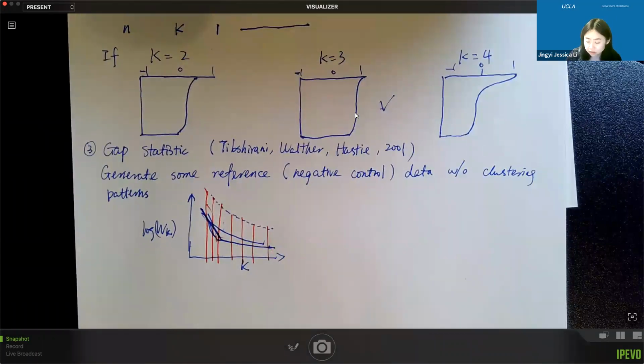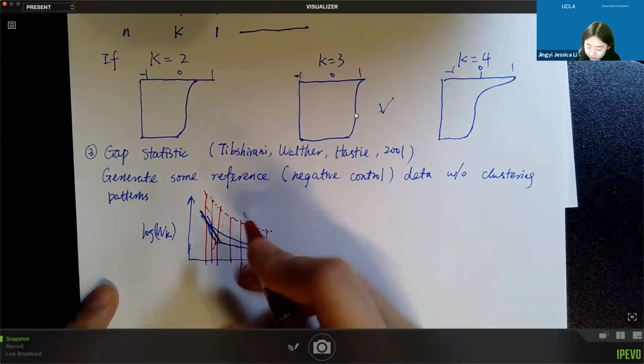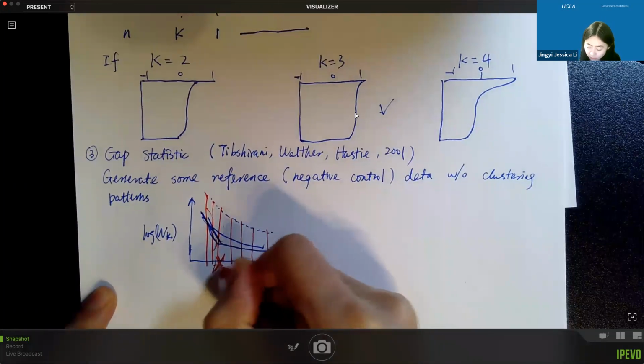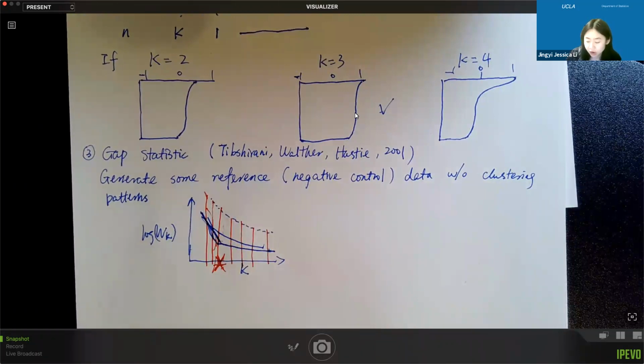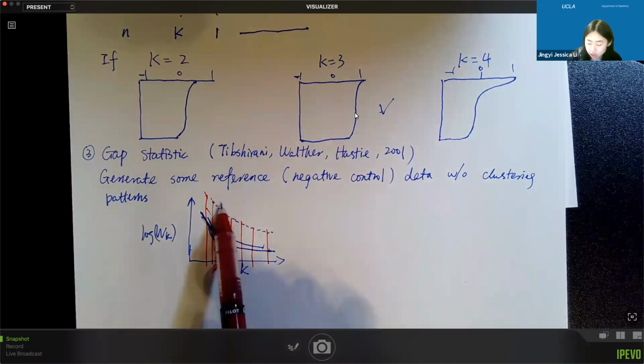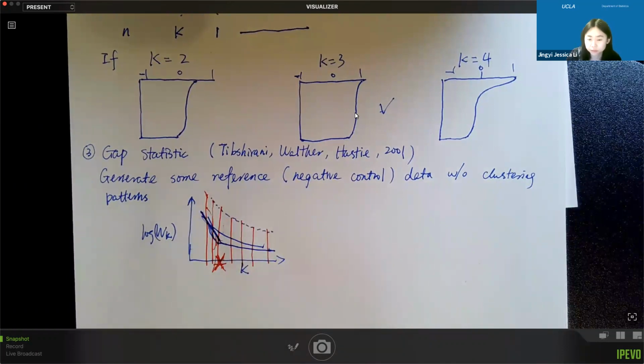So this tells us probably we should pick this K as our number of clusters, because this is the K that gives us the biggest difference between our data and the reference data in terms of performance. So that's the basic idea.